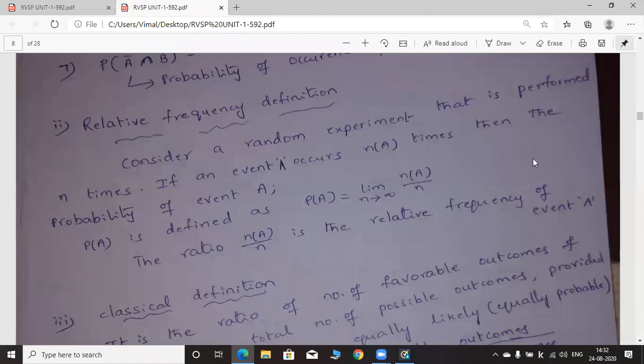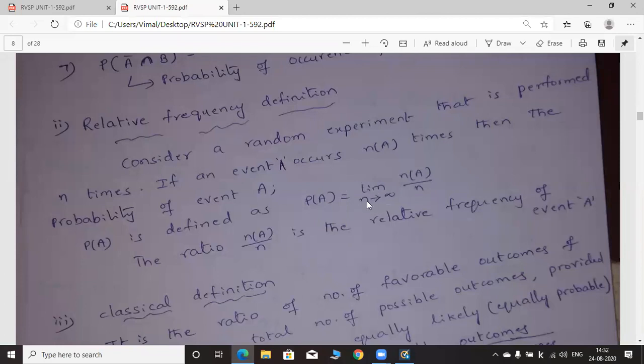Here, in the particular random experiment that is being repeated for n times, you have to consider event A, which is repeated for n of A times. So the relative frequency definition can be written like this: probability of A is equal to limit n tends to infinity.